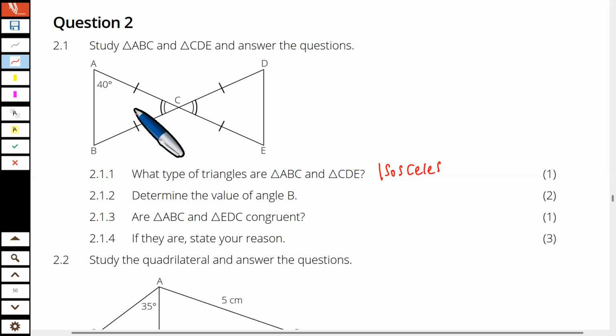Okay, so in other words, because this side equals this, it means that this angle equals this, and therefore this angle is 40 degrees. So what is the value of the angle B? It follows that the angle B is actually 40 degrees.